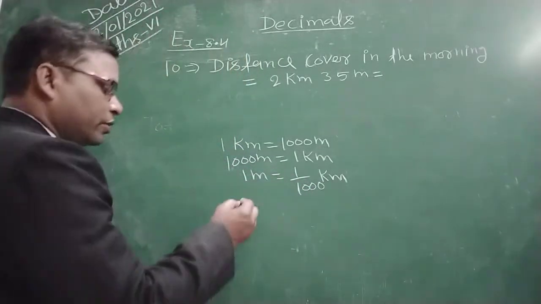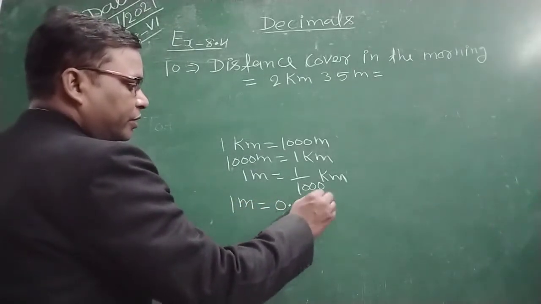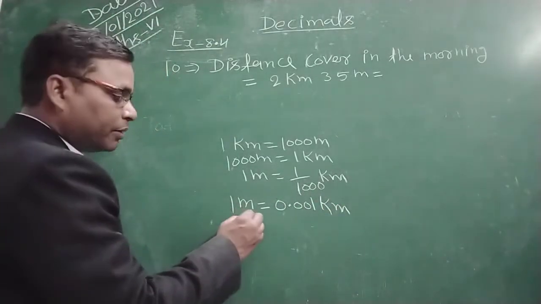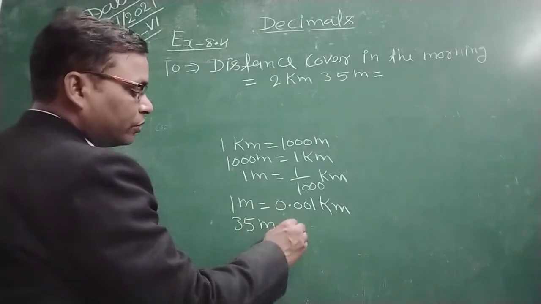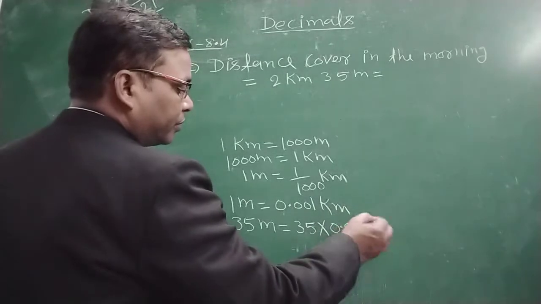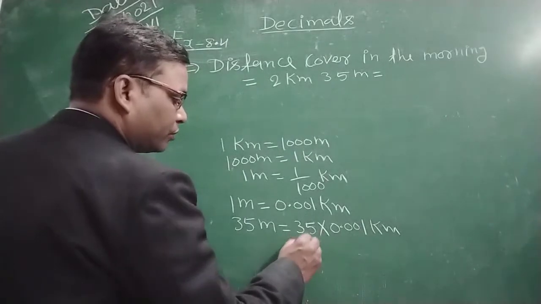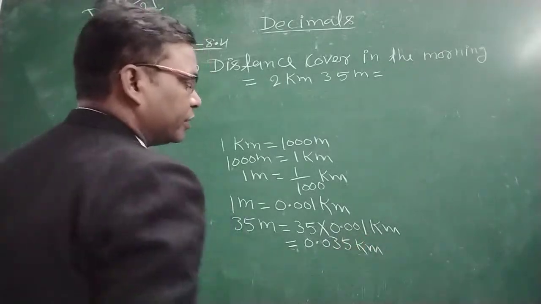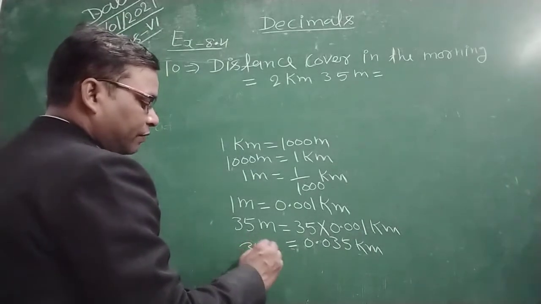So here you can see 1 meter is equal to 0.001 kilometer. But if we have 35 meter, 35 meter is equal to 35 into 0.001 kilometer, which is equal to 0.035 kilometer. This is clear.